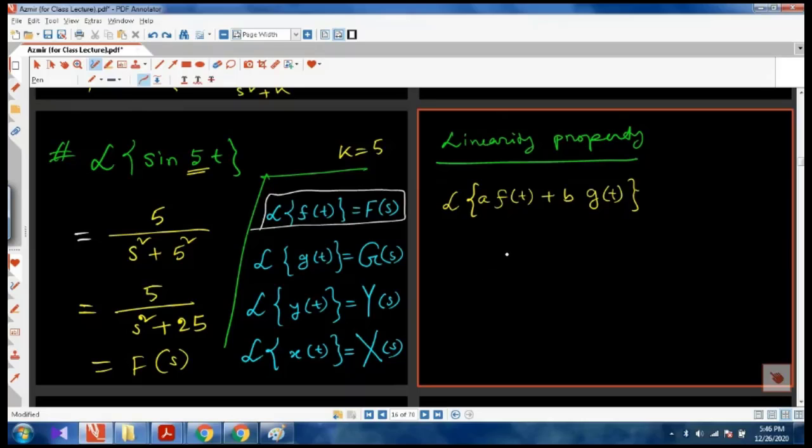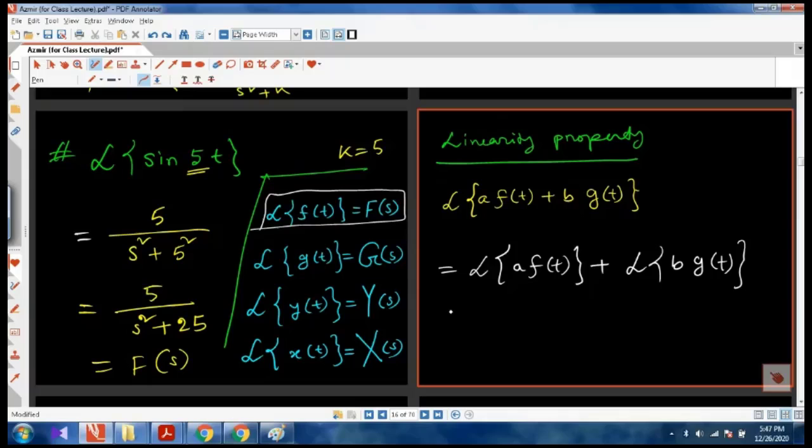The Laplace transformation of a f of t plus the Laplace transformation of b g of t. That means what we have done here is we have just separated the summation term. The same thing goes if we have a negative sign, it will be replaced by negative. So let's work with the positive sign.